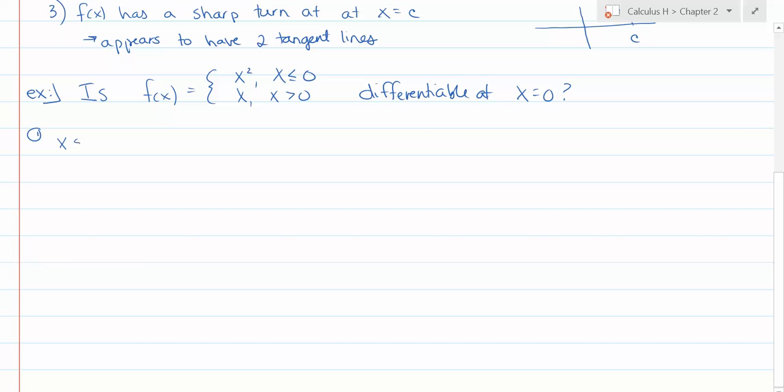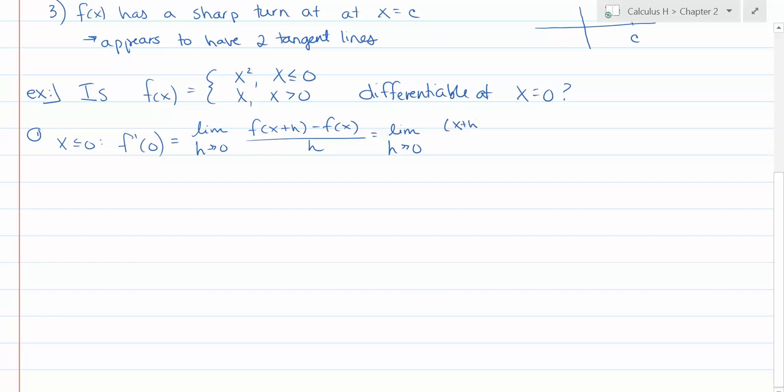So when x is less than or equal to 0, we want to find the derivative at 0. So we're going to use the limit definition. We're going to say the limit as h approaches 0 of f of x plus h minus f of x all over h. Plug it into the first part of the function.